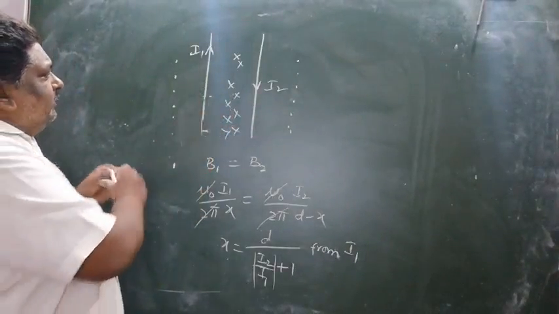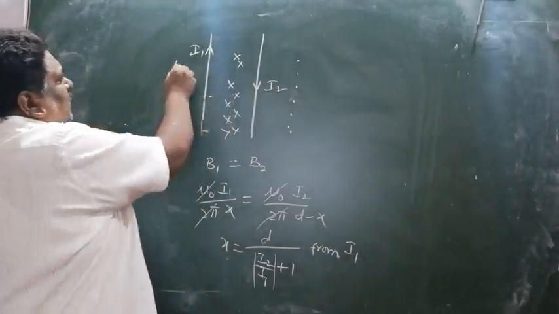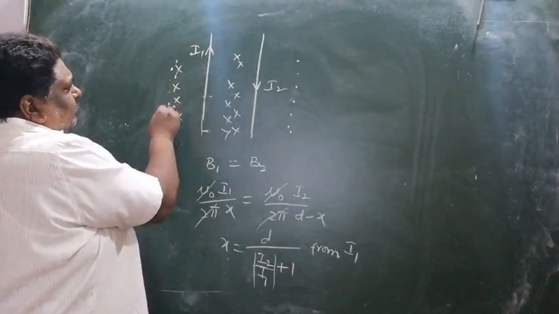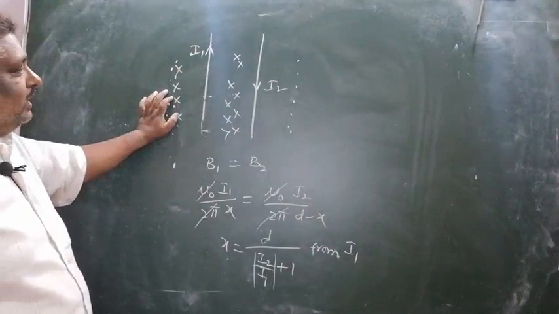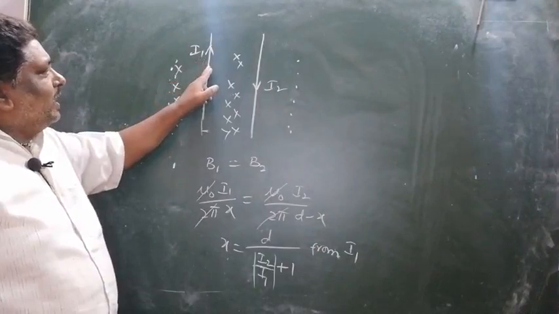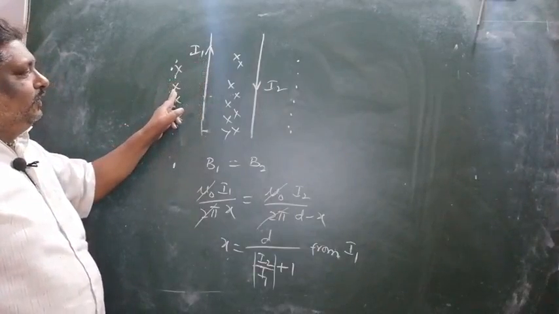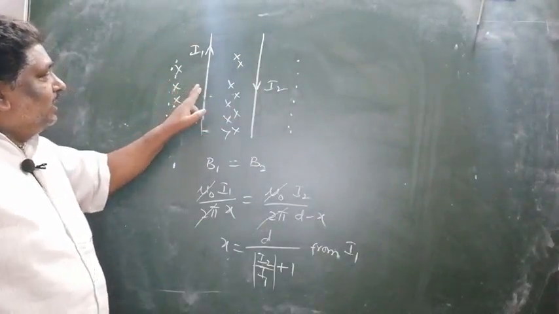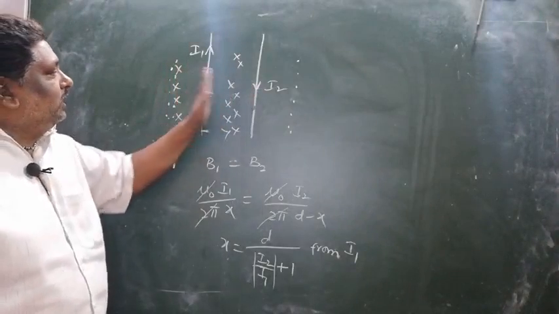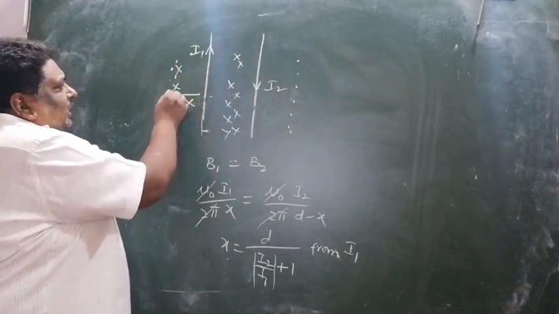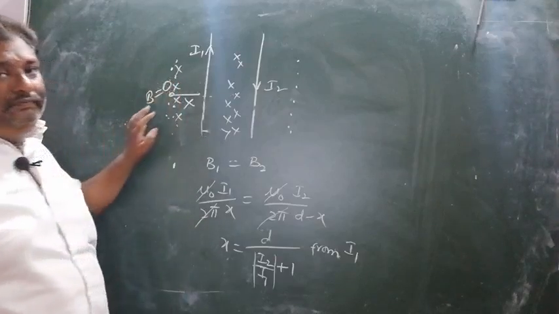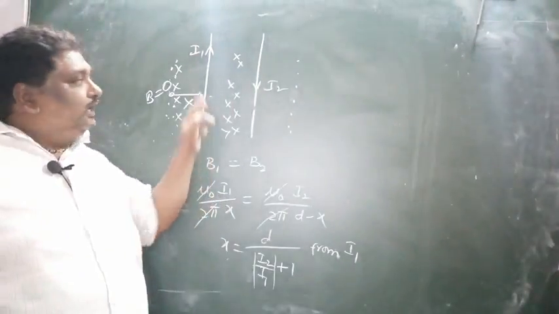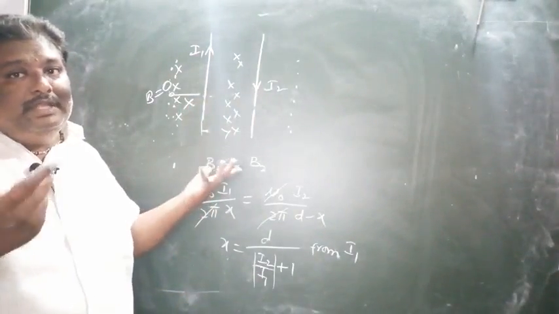But outside, the second conductor produces crosses and this conductor produces dots. So outside the two conductors, nearer to the smaller current carrying conductor, it is formed. This side does not form one because that conductor is stronger. That's why, from the smaller current carrying conductor, outside the two conductors at some distance x, the net field is equal to 0. So what is the question? Two conductors I1 and I2 have currents in opposite direction. Where will the net magnetic field be zero?